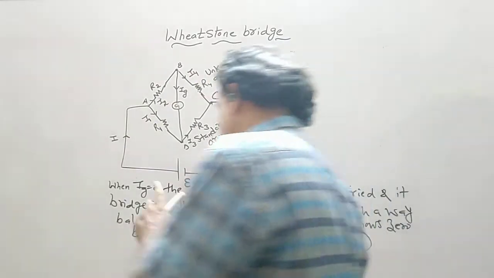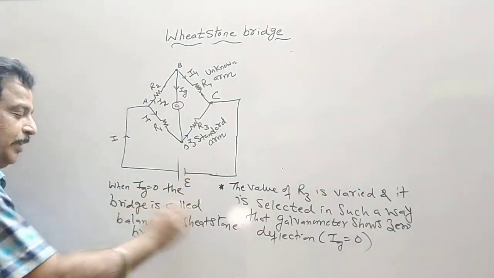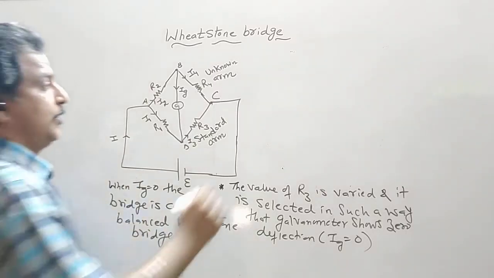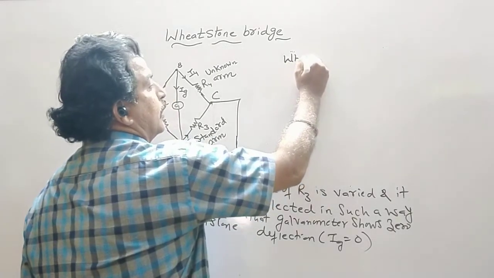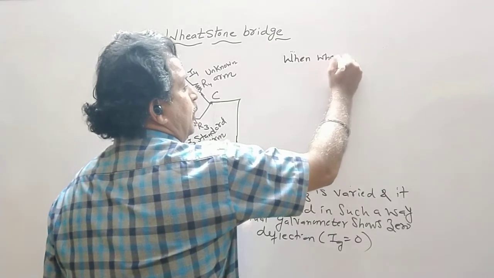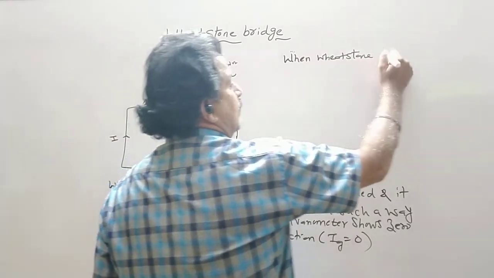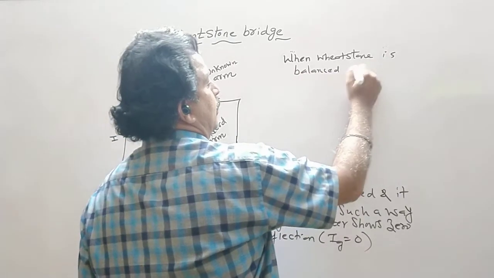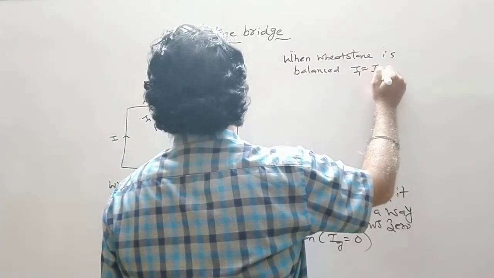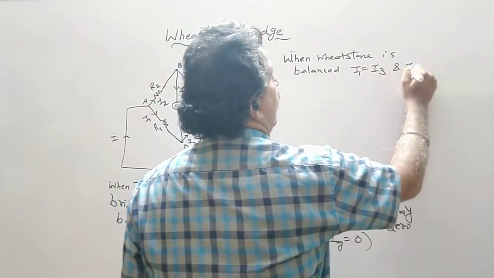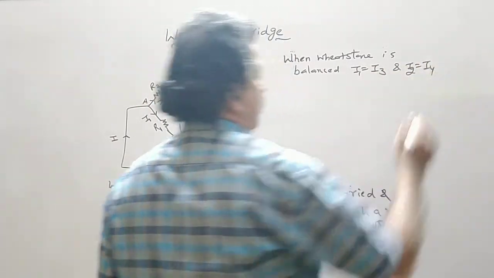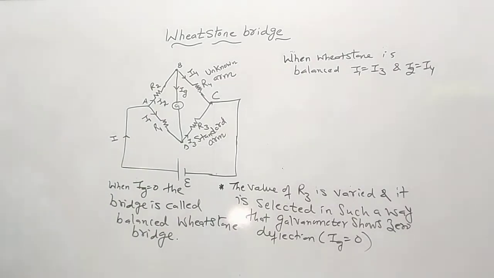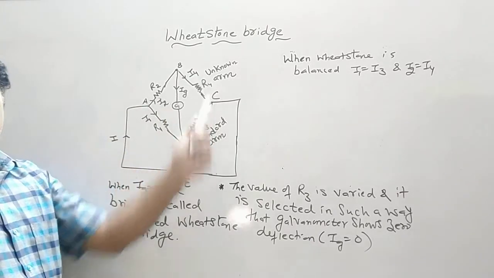Now when Ig is 0, the bridge is called a balanced Wheatstone bridge. When the Wheatstone bridge is balanced, I1 is equal to I3 and I2 is equal to I4. So if it is given that a bridge is balanced, no need to label this as I4.